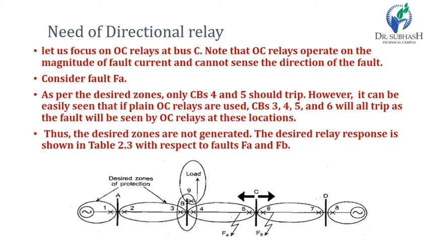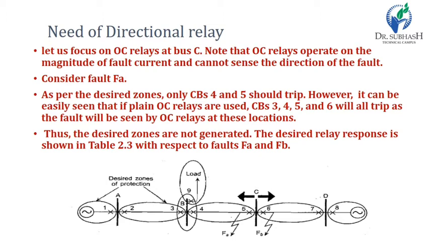because when a fault is created, it creates a low impedance path, and for that reason the current from this generator will go through this path, and the current from the other generator will go through this part.